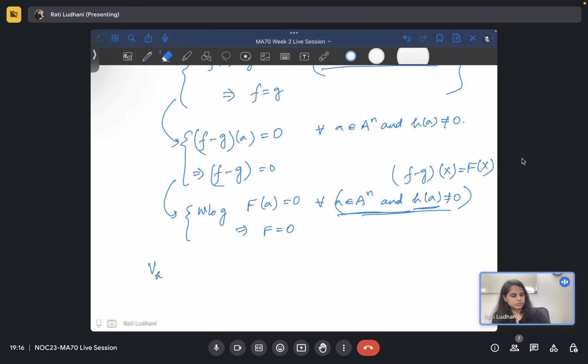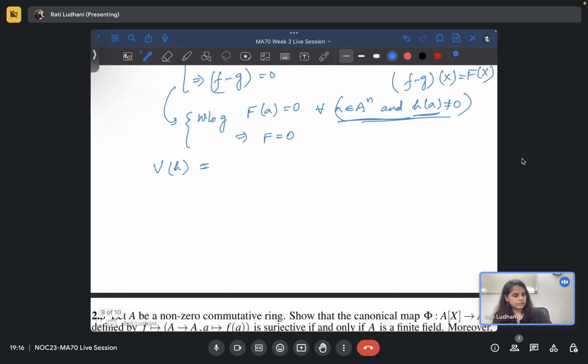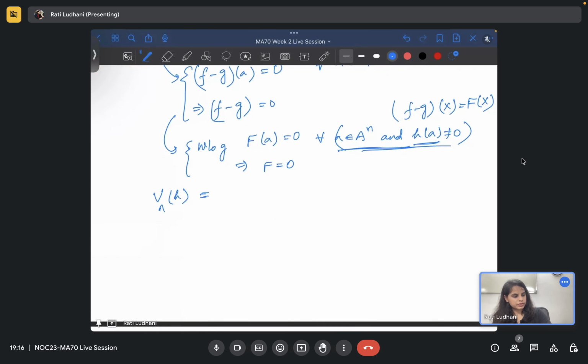So what we can write, V(h). In the field we have a field, so this is all those points a belongs to A^n such that h(a) is equal to 0.